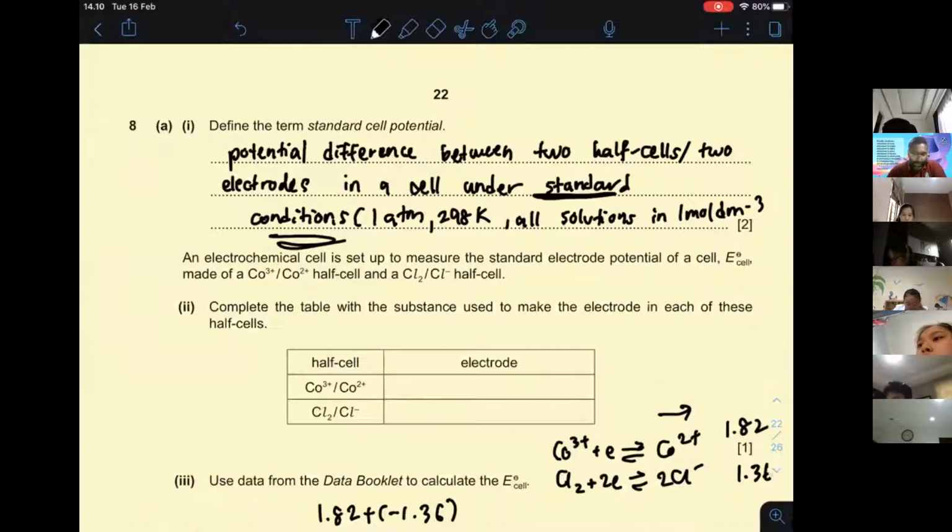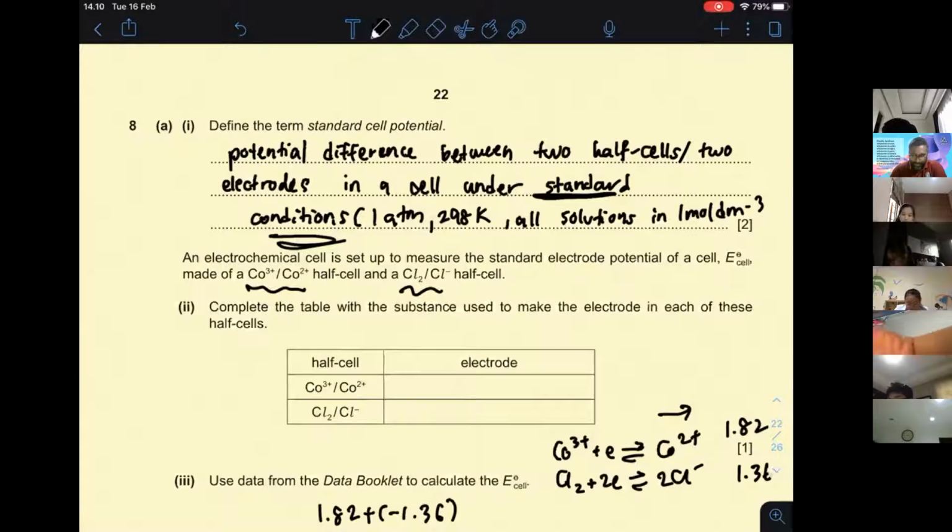Now, an electrochemical cell is going to be set up to measure the standard electrode potential. You go and look at my PowerPoint and your textbook. Both are aqueous, the electrolyte is also going to be aqueous. And then you have the gas, the Cl2, and then you have Cl minus.